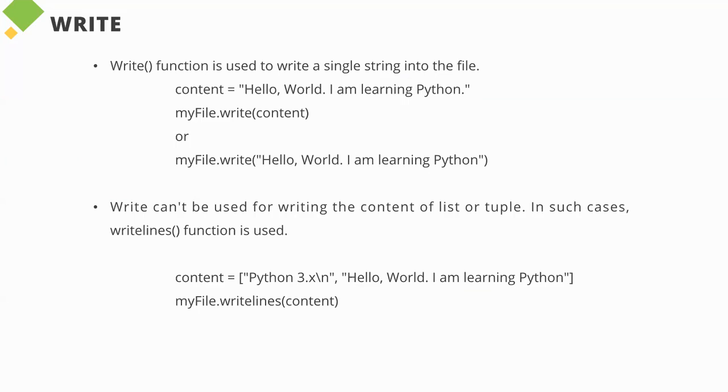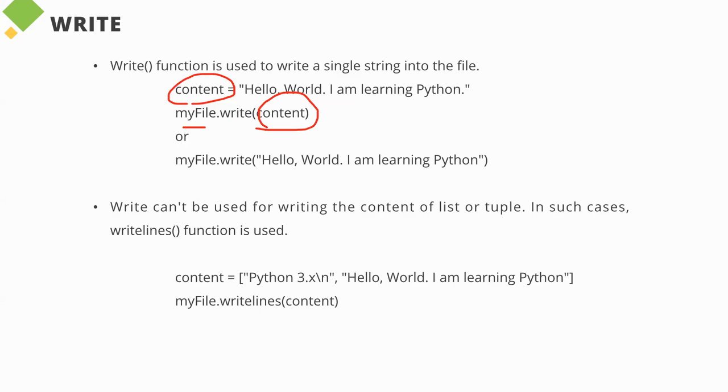Yes, let's see the write function. It is the same. If you follow my file, I mean the new file, dot write of content, you can just specify whatever content here, and it will write into the file. It is simple.